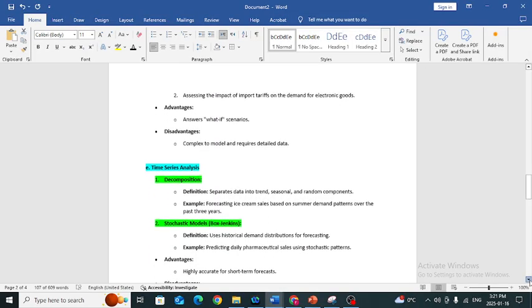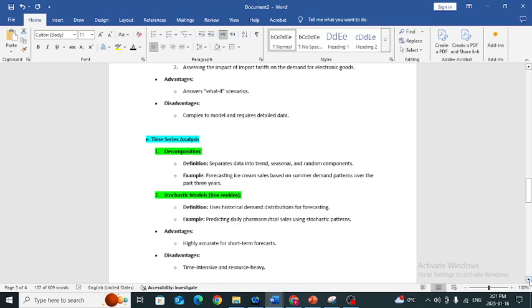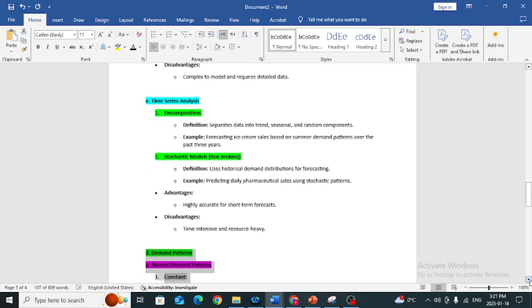And the next one is time series analysis. Time series analysis encompasses decomposition and a stochastic model and demand pattern.